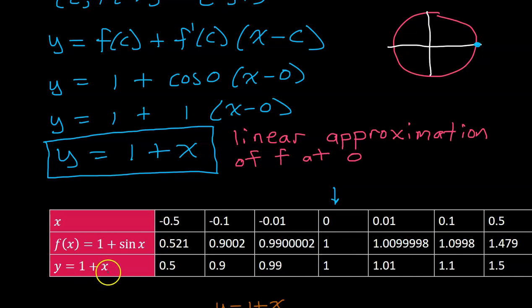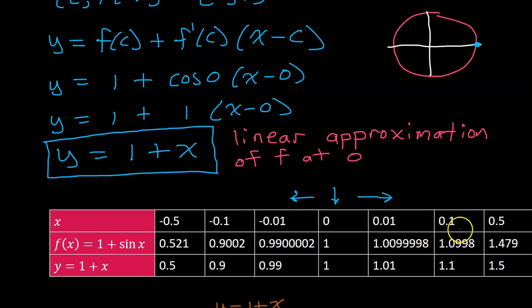Our 1 plus x approximation gives us the same exact value. But as we move a little bit away from the point of tangency, so instead of 0, we're talking about 0.01, the actual value of the function at 0.01 is this, and our linear approximation is giving us this. Notice how close these are. If you're going out to 2 decimal places, they would round to be the same thing.